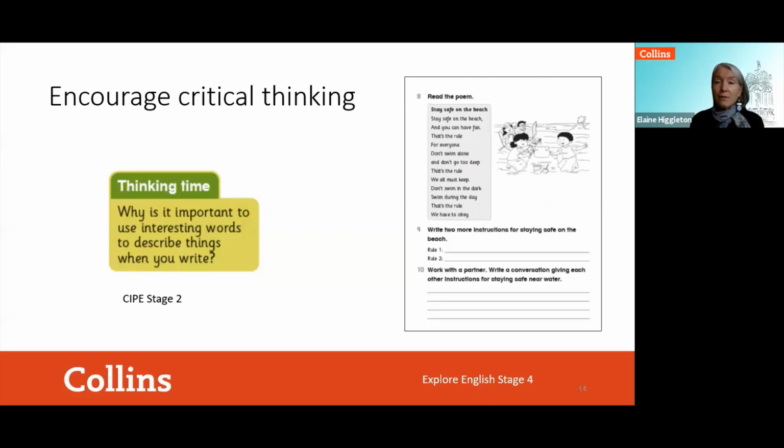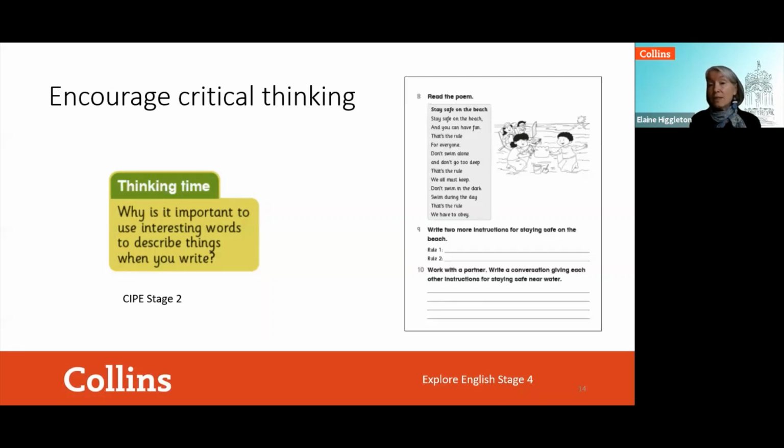But what we're asking them in the Thinking Time in the end is giving them an opportunity to think about why it's important that they know a lot of adjectives and to be able to articulate that the wider their vocabulary, the more creative, the more interesting their writing and their language is going to be, the more accurate, the more precise they can be, the more effectively they'll be able to create different opinions and different feelings on the part of their readers. So we're giving them an opportunity to think creatively and critically about why they're doing some of this work.